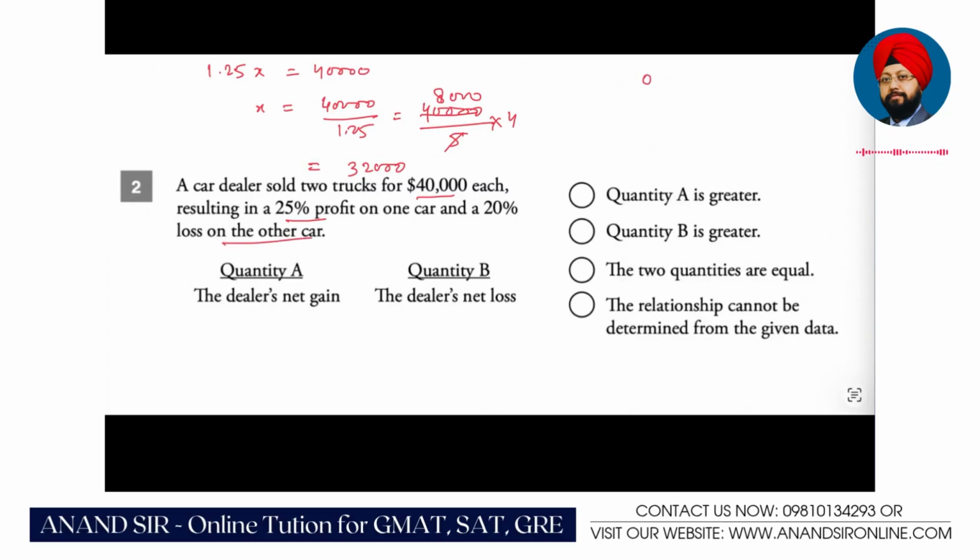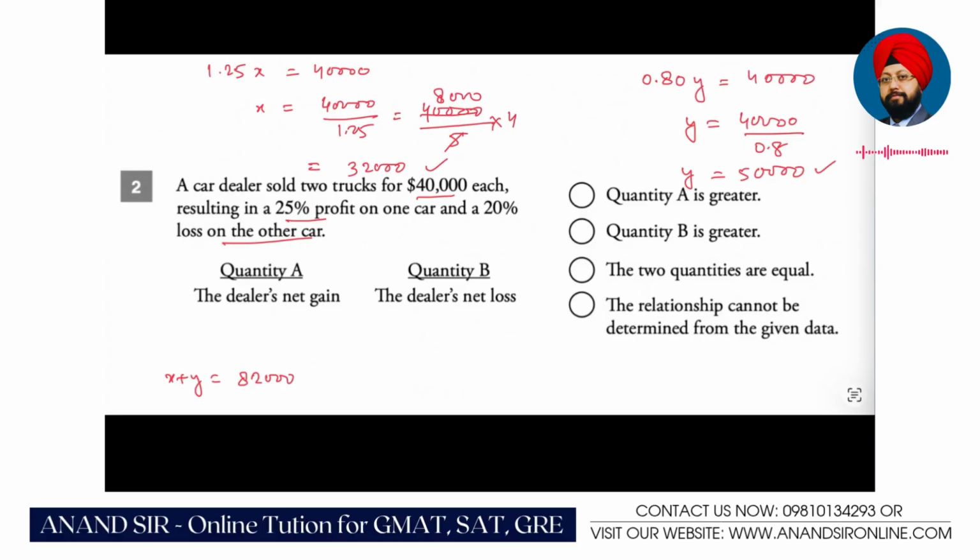It means 0.80 times Y. Let us suppose the cost of the second truck is Y, then this equals 40,000. It means Y is 40,000 divided by 0.8, which gives me 50,000. So what is the cost of 2 trucks? X plus Y is 32,000 plus 50,000, which is 82,000.